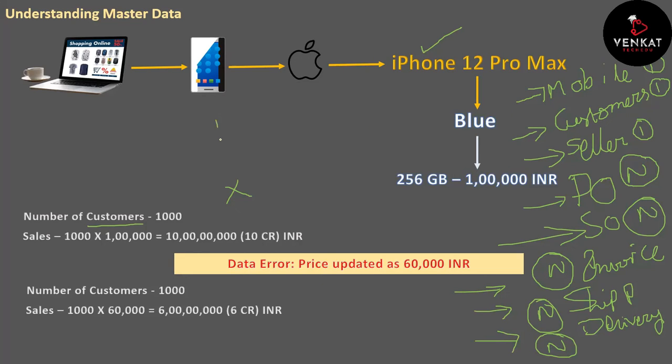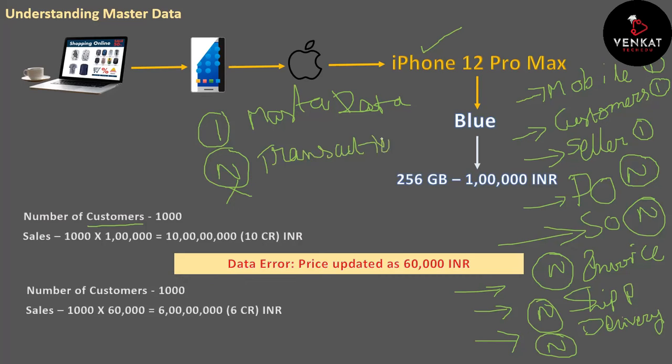So here, whatever the data we see, one-time maintenance and very less frequent changes, that is called master data. And whatever the data you see, subjected to very frequent changes and will have frequent changes happen, that is called transactional data.